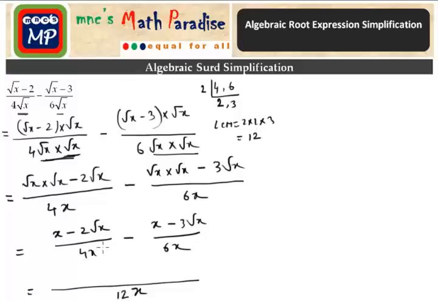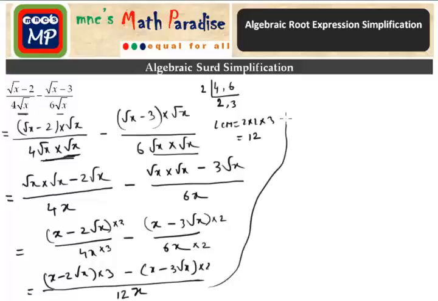Now for 4x we need to multiply by 3, so the whole numerator will be multiplied by 3. So we get x minus 2 root x times 3, minus, and the 6x needs to be multiplied by 2, so the whole numerator will be multiplied by 2. So we get minus x minus 3 root x times 2.